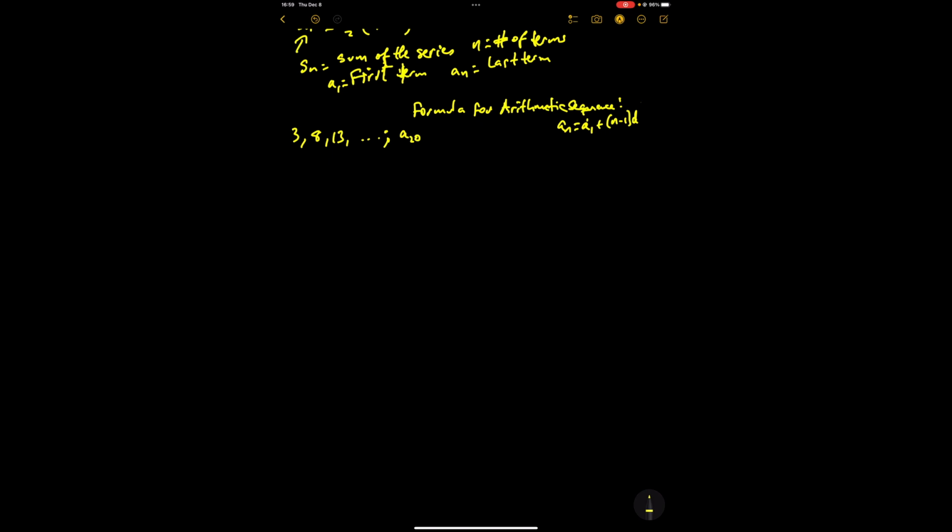They're looking for a sub 20, so a sub 20 equals a sub 1, the first term, which is 3, plus n minus 1. Since a sub 20 is the last term, n is equal to 20.